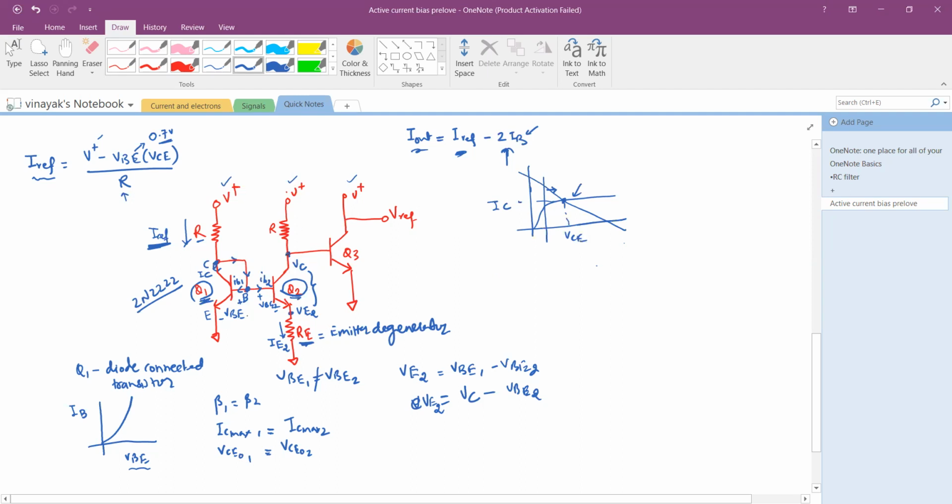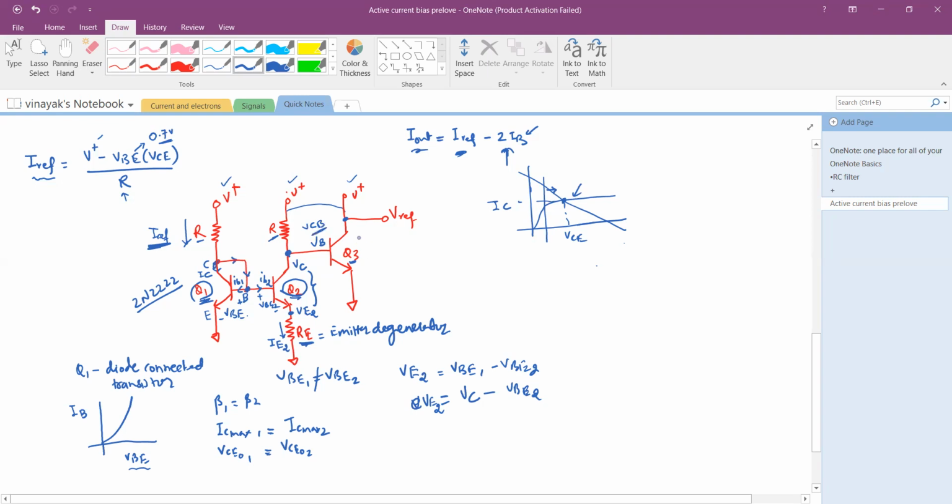Then the voltage at the collector becomes the voltage at the base of transistor Q3. Here you can see that this line is shorted, so transistor Q3 is collector to base biased through the resistor R. That's why you have this VCB.